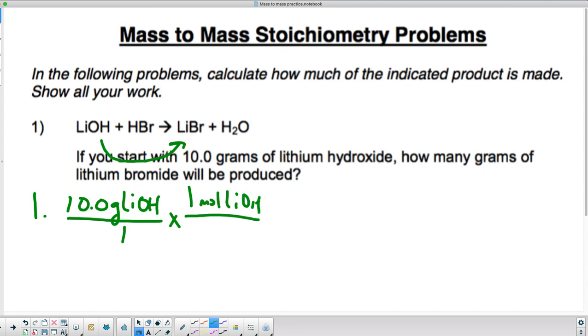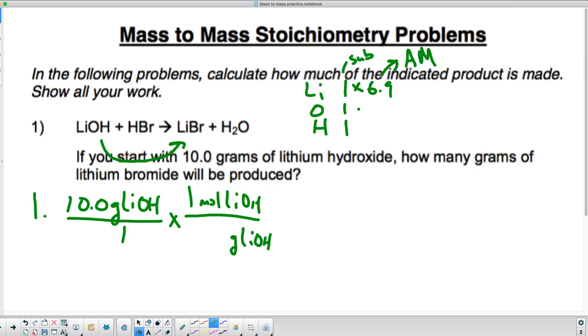Okay? So that means that I have some number of grams of lithium hydroxide. So how do I know how many grams of lithium hydroxide I have per mole? Well, that's actually pretty simple. I got 1 times 6.9. This 6.9 is the atomic mass on the periodic table. The 1 is the subscript.